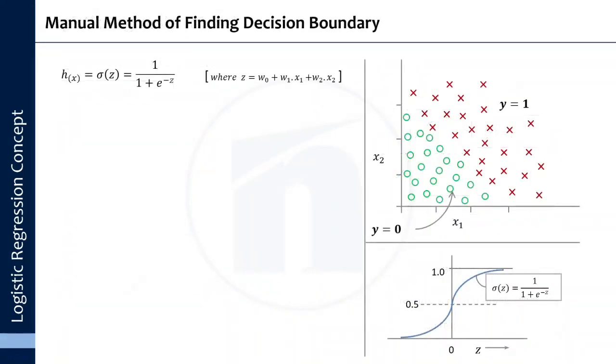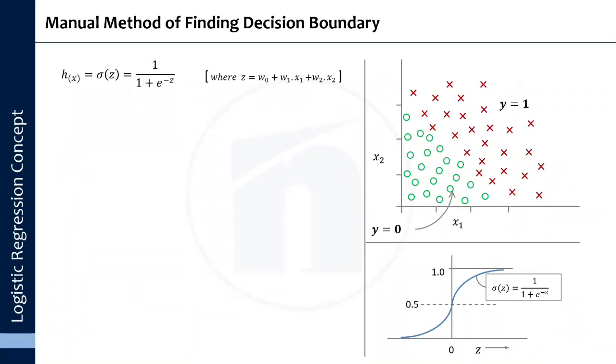So we have identified the expression for logistic regression, the sigmoid curve. How does it help in identifying the decision boundary? So now we see that there is a plot of some green and red marks. This could be a plot of, say, for example, a chest X-ray.